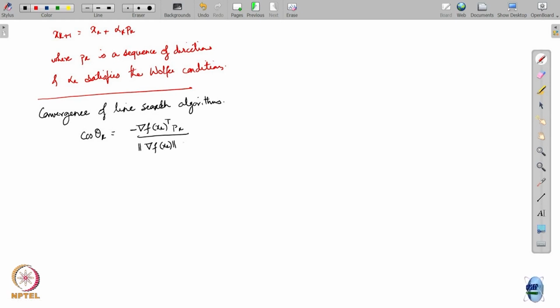Obviously, I am taking the negative of the inner product in the numerator and dividing by the norms of these two vectors. So this is well defined only when these two vectors are not 0. p k is a direction we are choosing, so it is non-zero, and if the gradient of the function is non-zero, then this quantity is well defined. Okay. So what is theta k here?